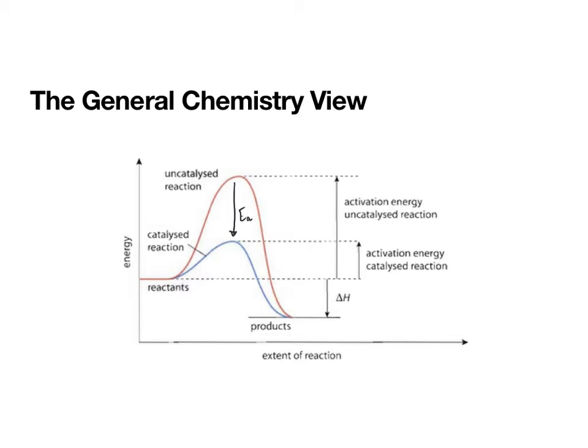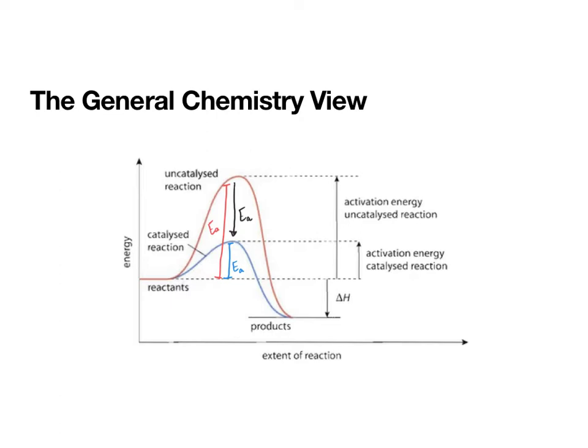And so what this means is that when we are working with a catalyst, we have a smaller activation energy than when we are not working with a catalyst. And so the result of lowering the activation energy using a catalyst is that the reactions speed up.